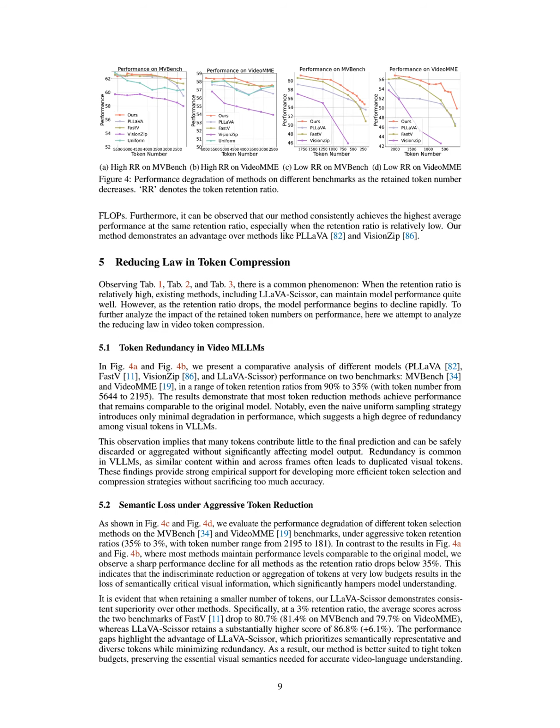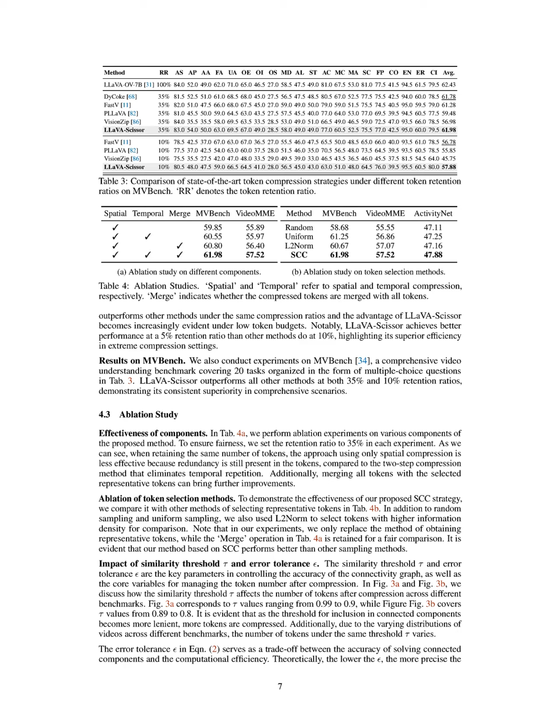The performance was assessed under varying token retention ratios, specifically focusing on how well LLaVA-Scissor preserved essential semantic information as the retention ratio decreased. Results indicated that LLaVA-Scissor consistently outperformed other token compression methods, particularly at lower retention ratios, achieving better performance at a 5% retention ratio than other methods did at 10%.